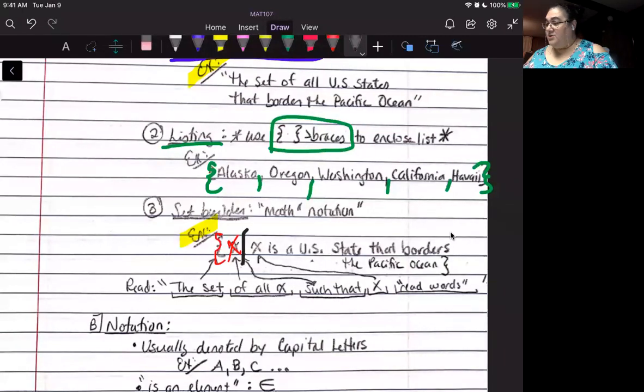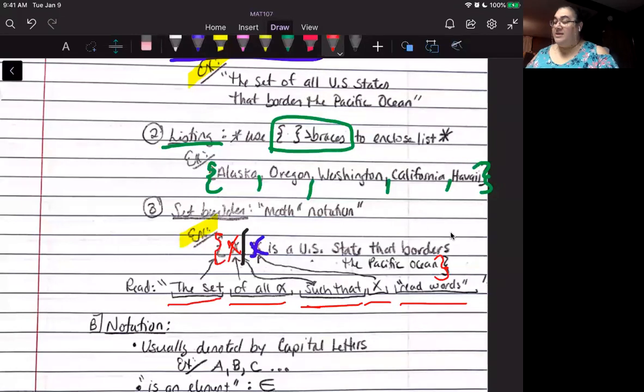So you state your set, you go X is a United States state that borders the Pacific Ocean, and then you close it, okay? So you can see here that you read the brace as the set, you read your variable as of all X, you read the bar as such that, you read the blue X as X, and then is equal to, and you would read the words that describe the set.